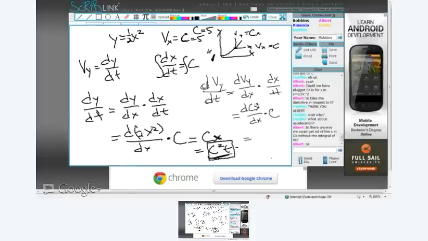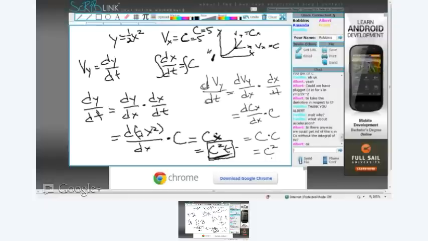And then the derivative of cx with respect to x is just c. Because anytime you've got just a constant times a variable, you take the derivative, you're left with the constant. So c times c is c squared. So you get the same answer either way. You get the same credit either way.